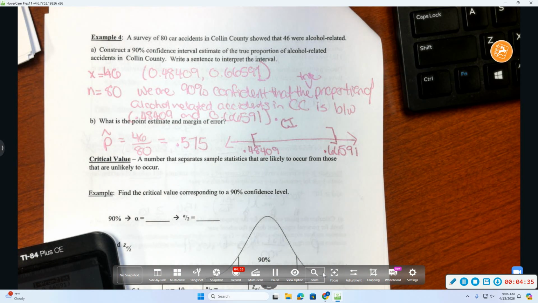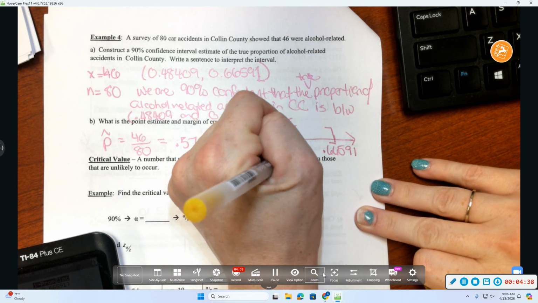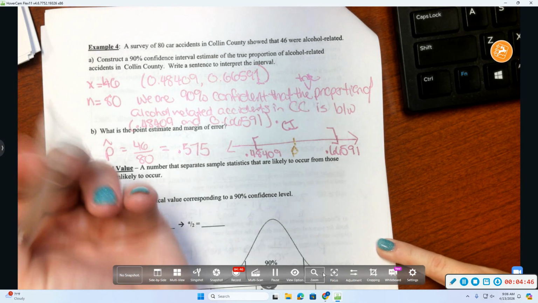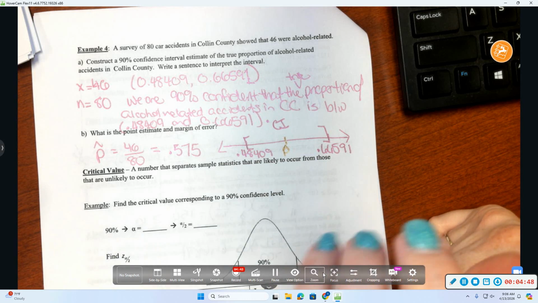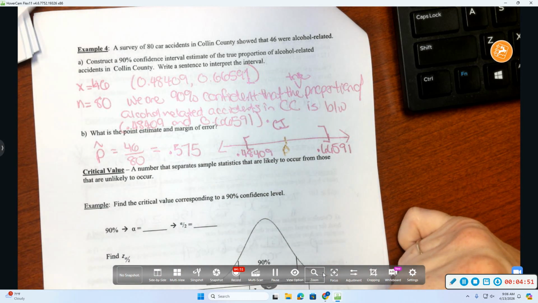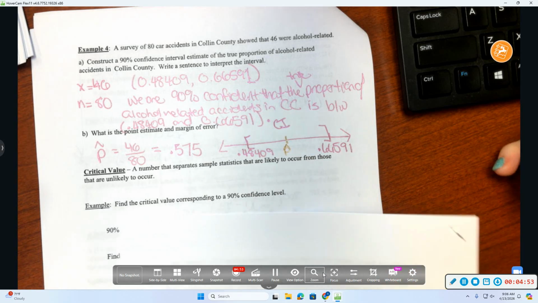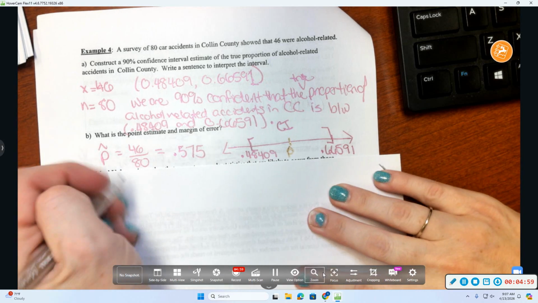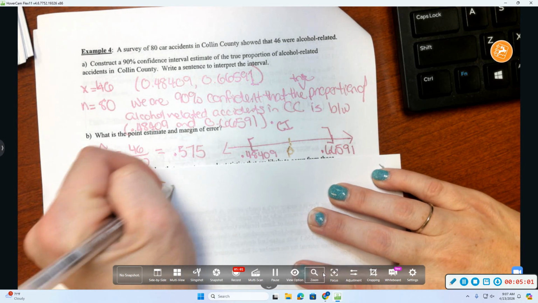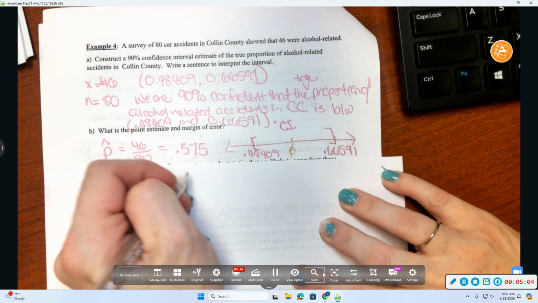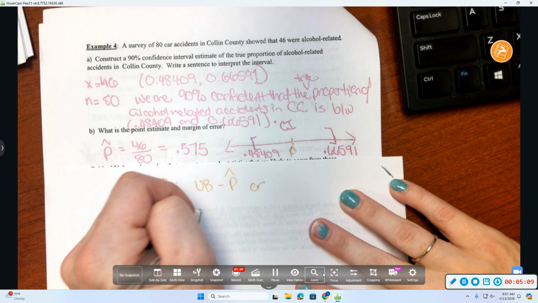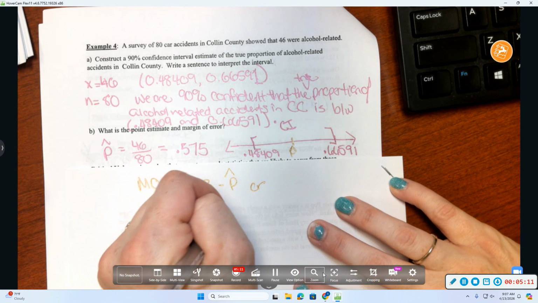Our p hat is going to be dead middle, whatever that middle value happens to be. So the easiest way to find our margin of error, the MOE, is to do either your upper bound minus your p hat or your p hat minus your lower bound.